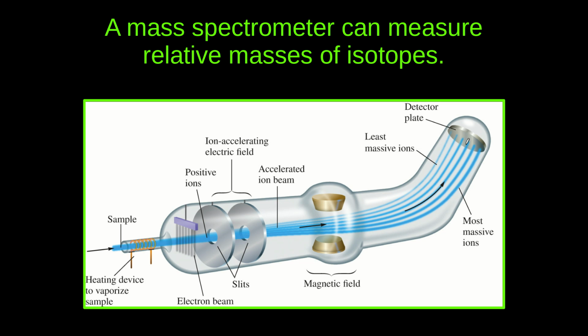The computer keeps track of the mass of the ions that hit the plate, and it's sensitive enough that we can find the mass of separate isotopes of an element: carbon-12, carbon-13, carbon-14. We can get the relative ratios, what percent is carbon-12, what percent is carbon-13, and what percent is carbon-14. That's how we know this stuff.